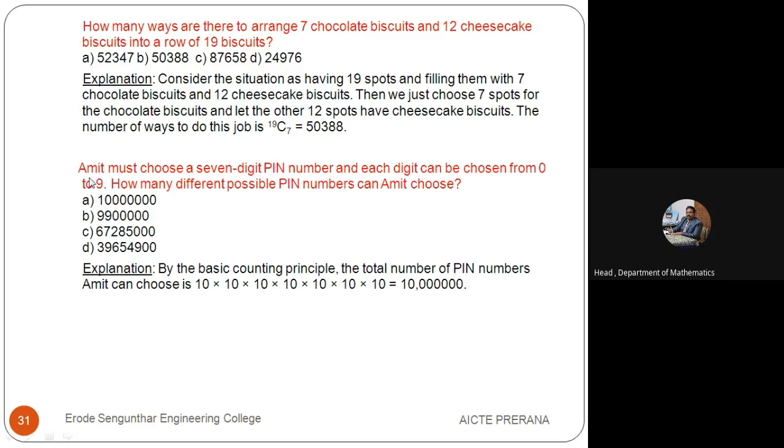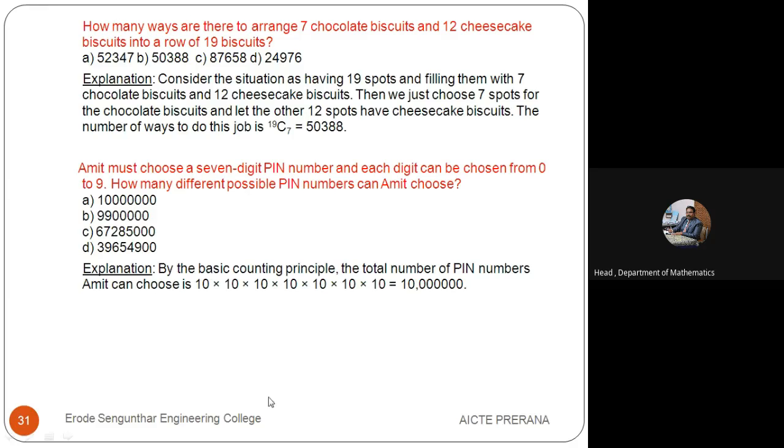The next question is: Amit must choose a 7-digit PIN number and each digit can be chosen from 0 to 9. How many different possible PIN numbers can Amit choose? This problem comes under the counting principle, the basic counting principle.